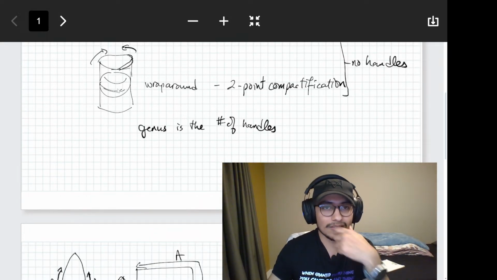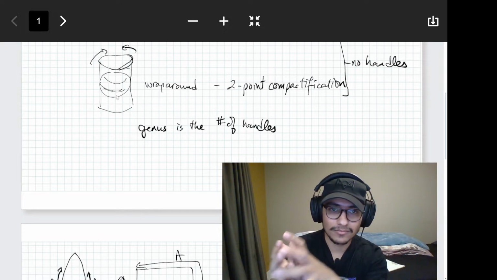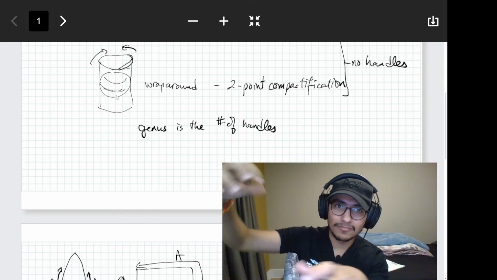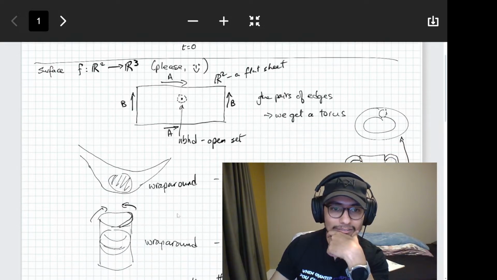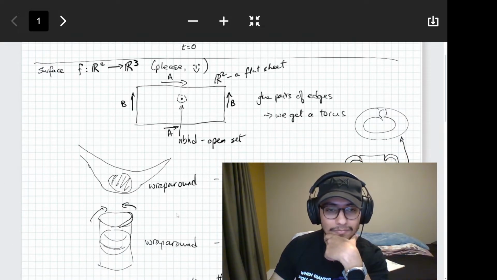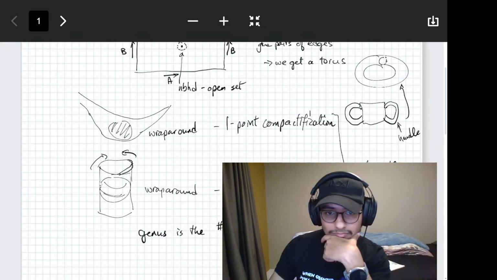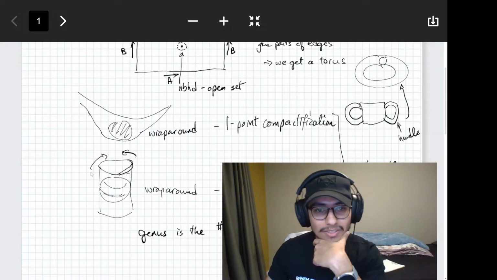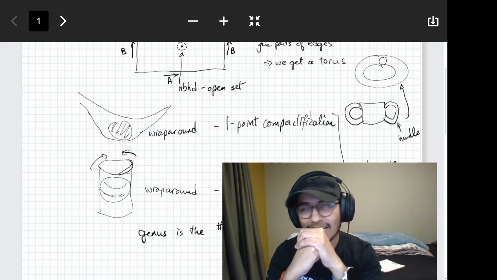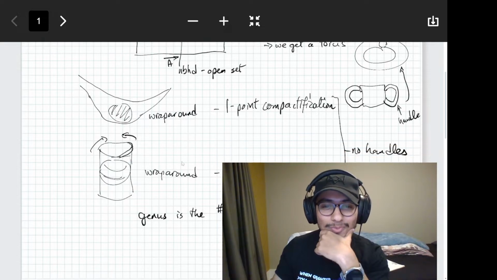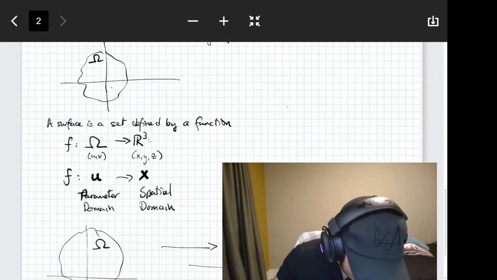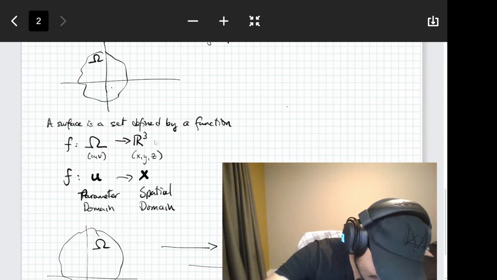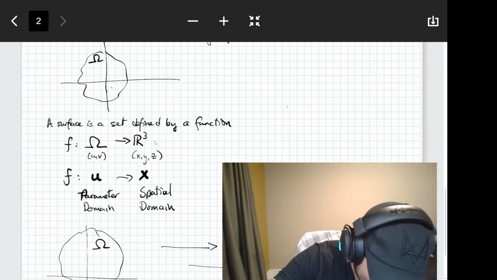If we take the same ball, put it in the middle of the paper, join these AA sides and then do a 1-point compactification at the edges, we get a 2-point compactification. Imagine a toffee. That's 2-point compactification.